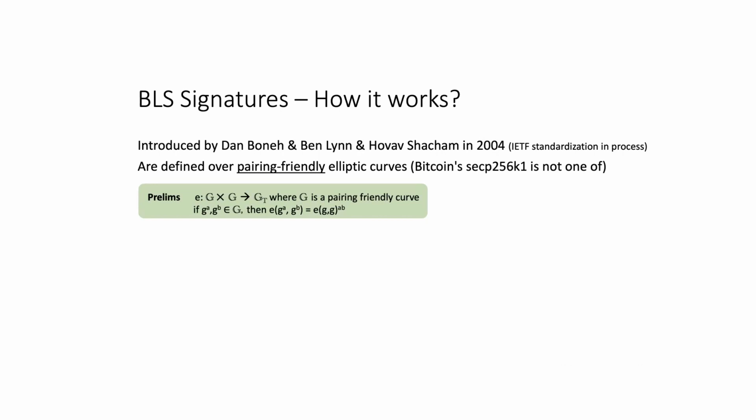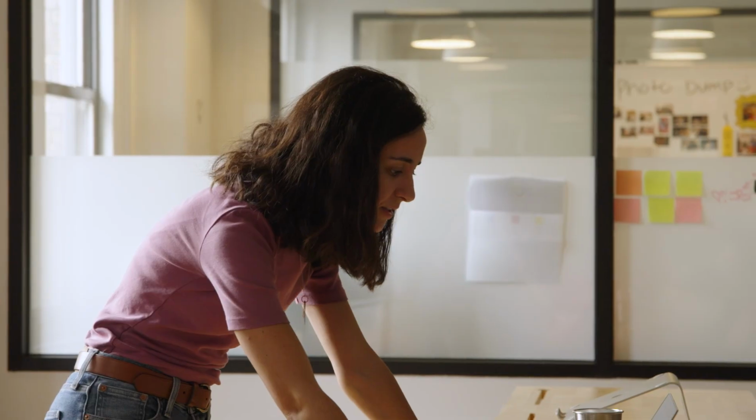The very, very nice property that you have here is that if you have two values, g to the a and g to the b, that are part of G, then if you apply the pairing function to g to the a and g to the b, this is equal to bringing the exponents outside and taking e of g comma g, raised to a times b. And as you're going to see, this property is going to make our life very, very easy in verification. So let's see how the scheme works.